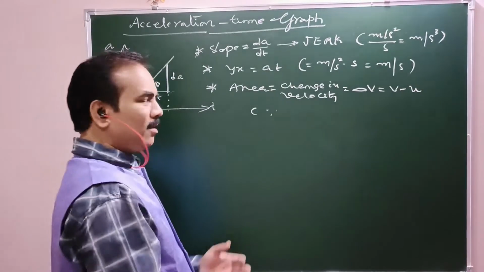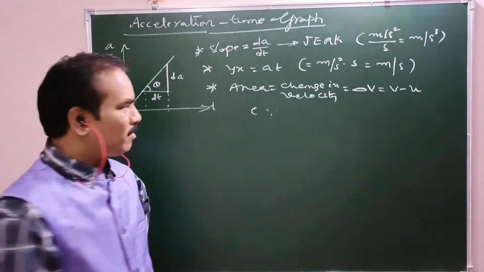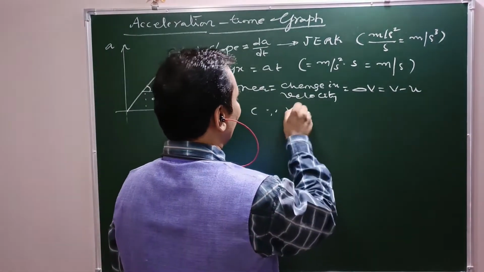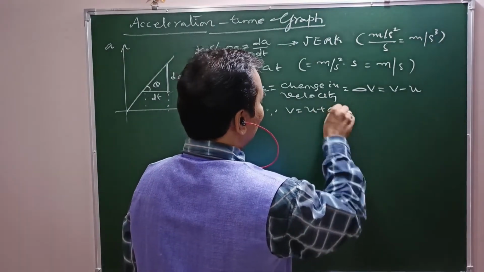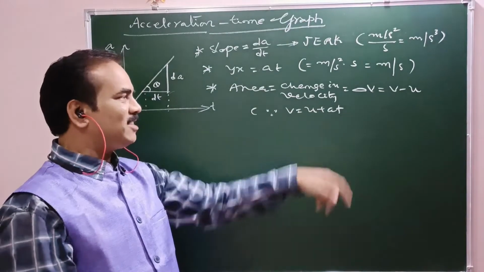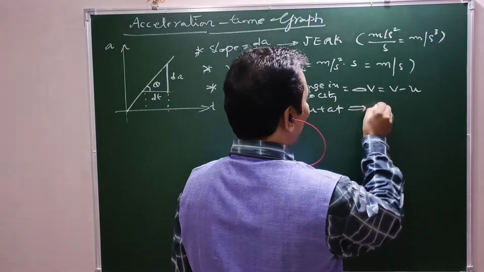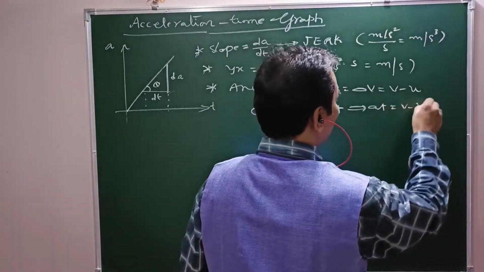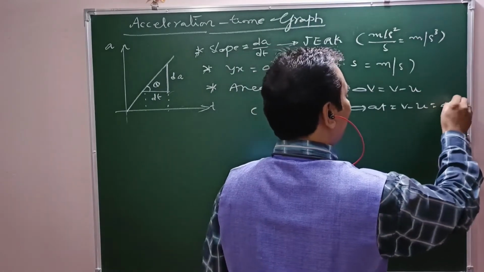We know one of the kinematic equations, v equals u plus at. Since v equals u plus at, at equals v minus u, that is delta v.